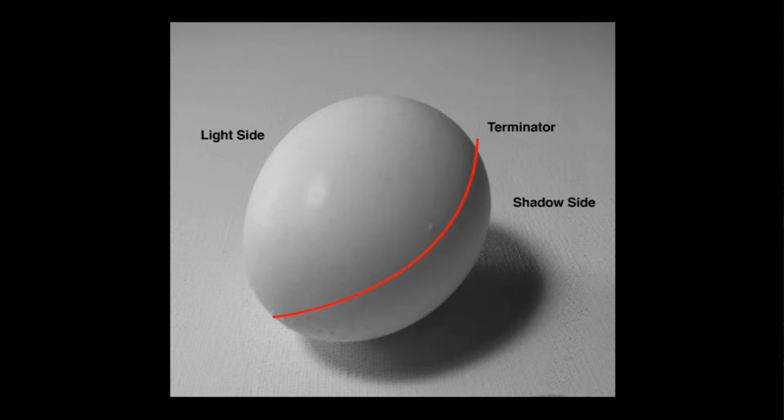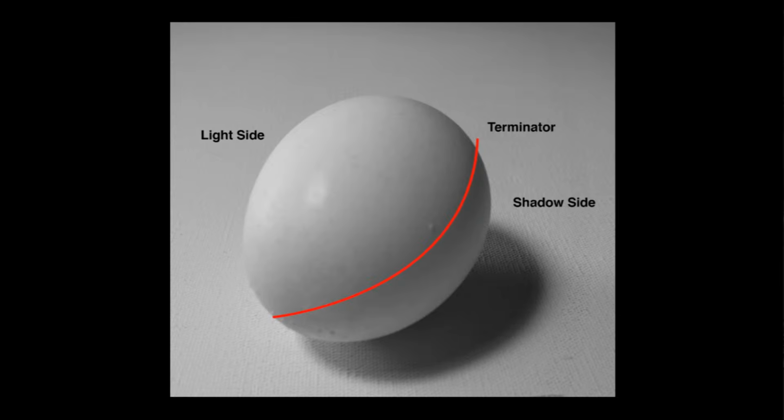So here it is. Seeing this egg, essentially we have a light side and a shadow side, okay? The light side is all of those planes that are facing toward the light or that the light is able to reach. And the shadow side is all of the planes in the subject that are facing away from the light and the light is not able to reach, okay?